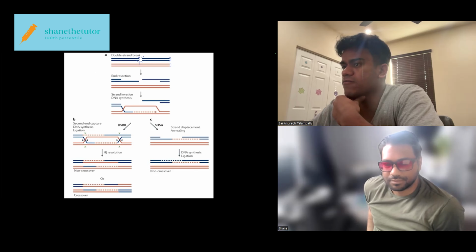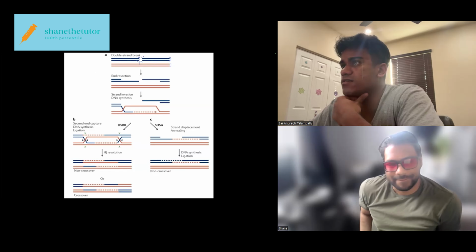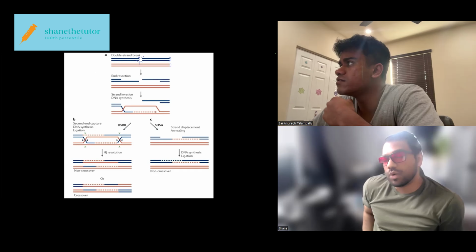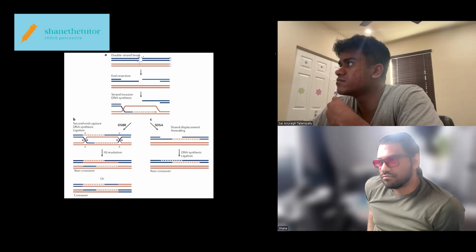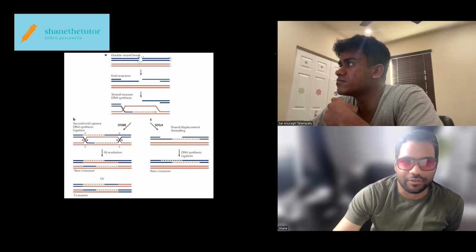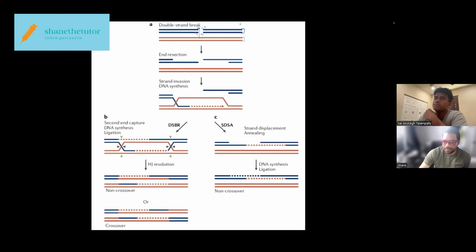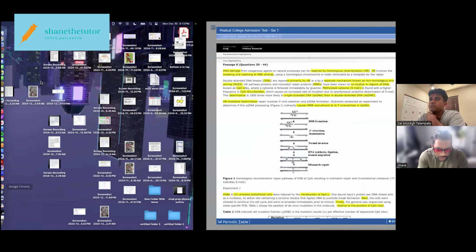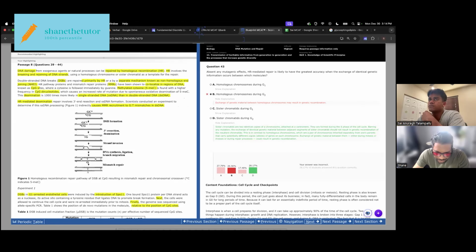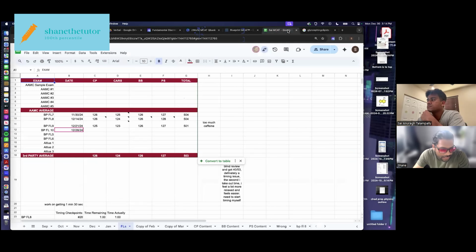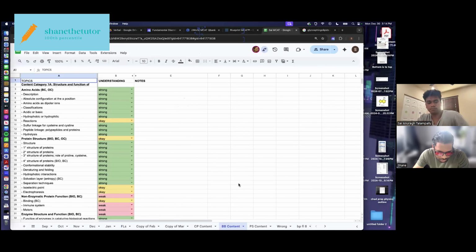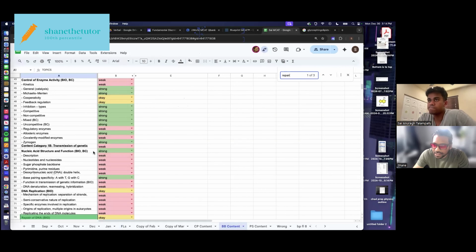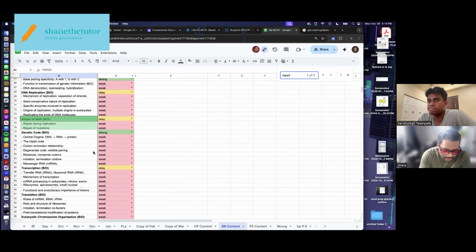Seems very complex. What do you think should be the biggest takeaway from all of this then? Well, it's really just passage information. If we go to the content, I type in repair. I see repair of DNA, repair during replication, repair of mutations.